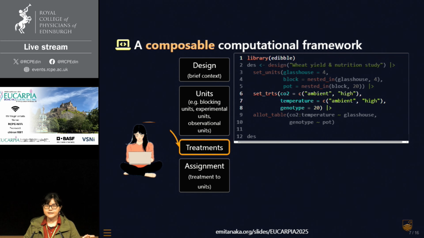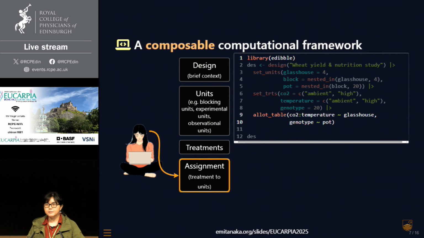And then lastly, after we consider units and treatments, we need to think about how those treatments are allocated onto the units. This is what's specified here, where we've got the interaction of carbon dioxide and temperature applied onto the glass house, because there is an inherent constraint in the way that these treatments can be applied. You can't vary the level of carbon dioxide and temperature on a pot level.